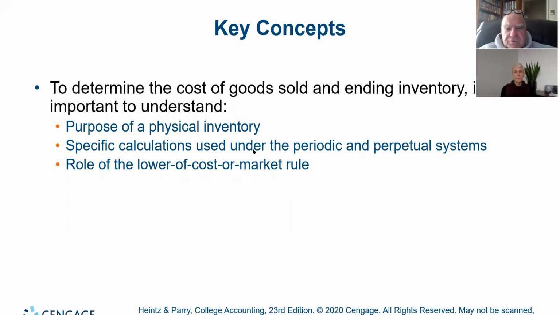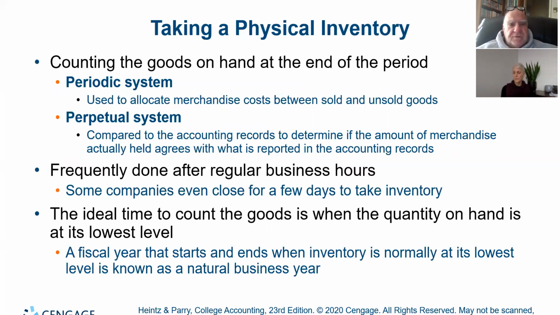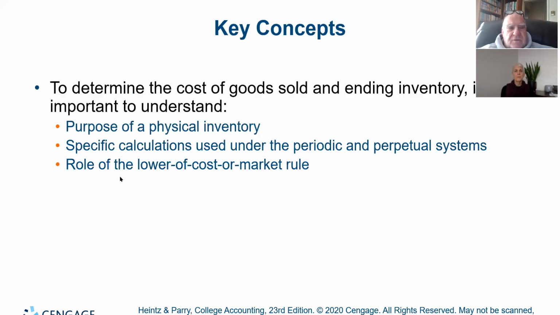Specific calculations used under the periodic and perpetual systems, we're going to get to that in a moment. And a rule, lower of cost or market, a basic accounting principle under the heading of conservatism, okay?